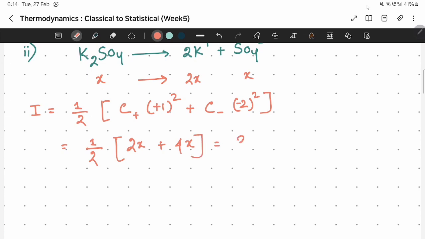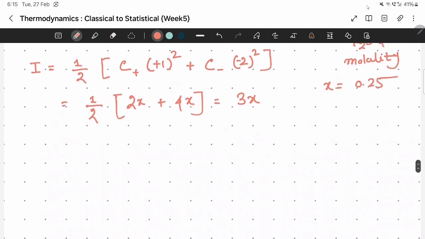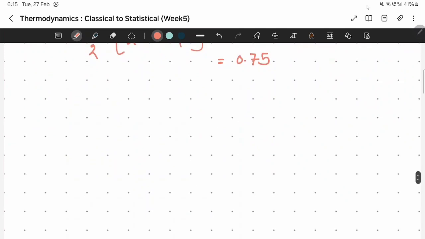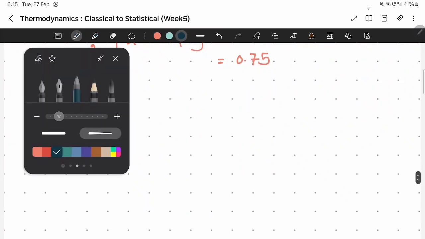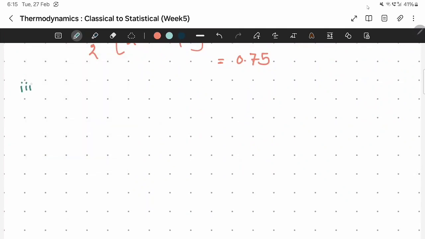So it will be 3X. Now what is X? X is the concentration of K2SO4 in molal, which is given as 0.25. So it will be 0.75. Okay, straightforward.